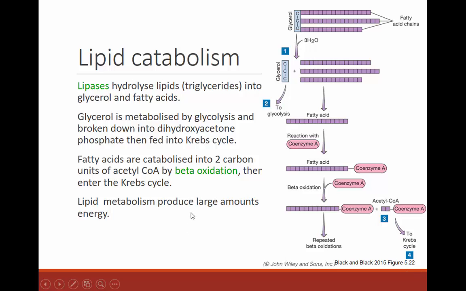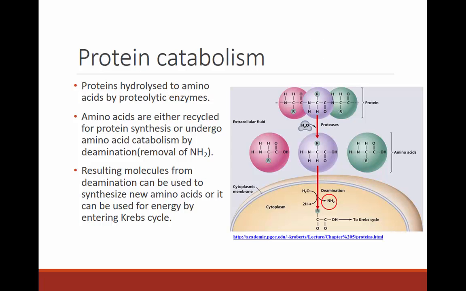Now, these are really good storage molecules of energy. And when you start to break down fats, you get a lot of energy being produced. Now proteins are hydrolyzed, they're broken down to their component amino acids.